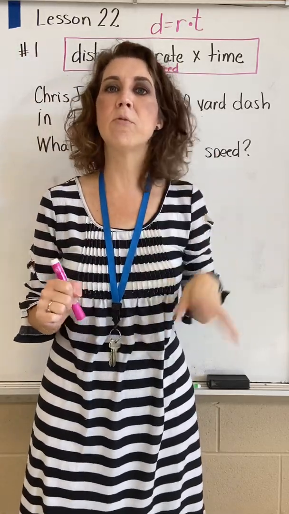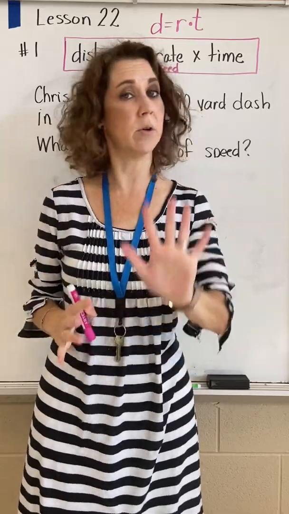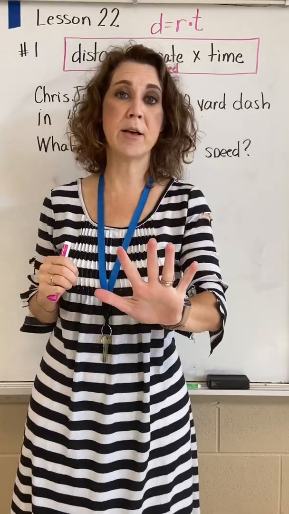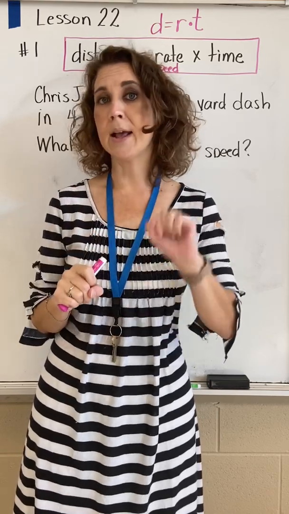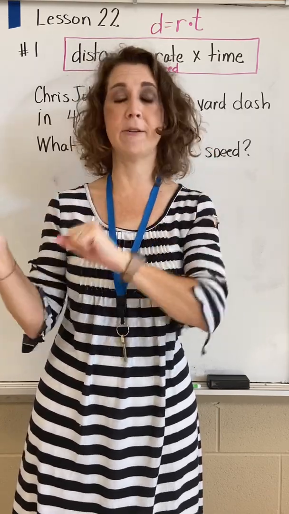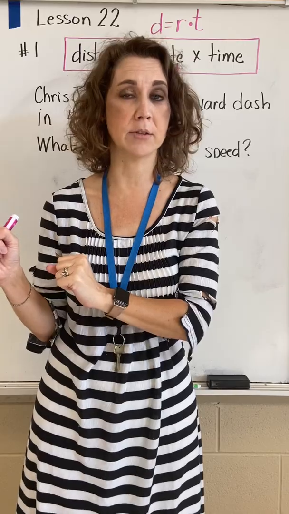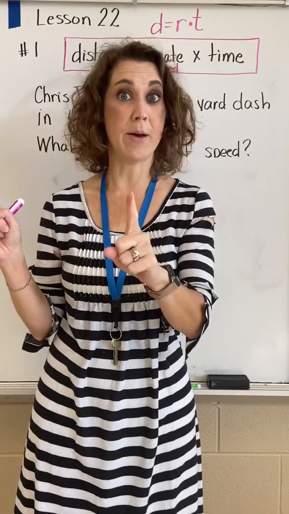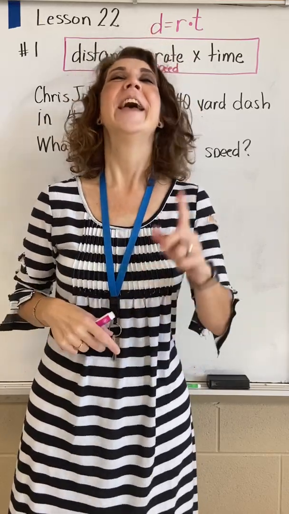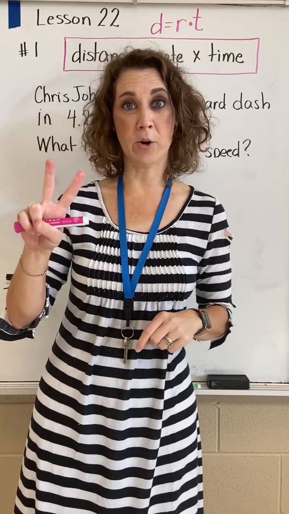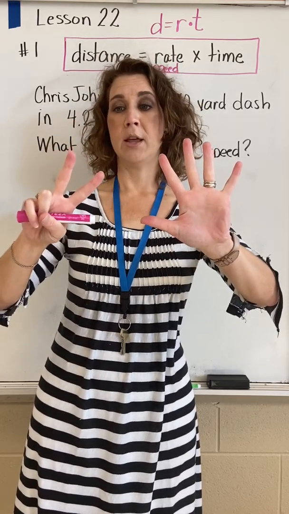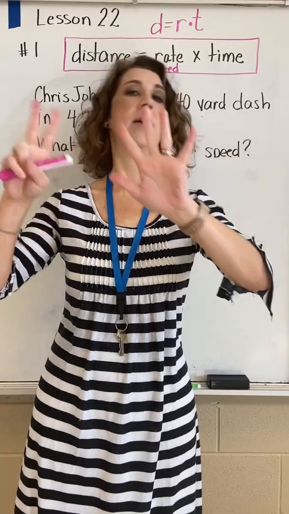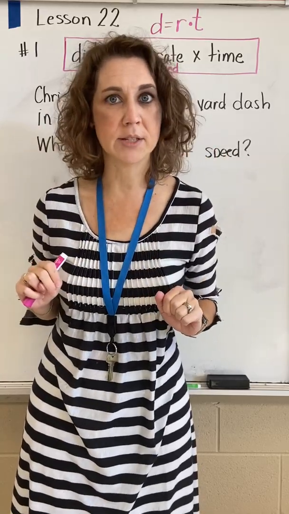If I ran 5 miles an hour, so I'm a slow runner, and I ran for 1 hour, then I could multiply 5 times 1 and get 5, and I would run a total of 5 miles. If I ran for 2 hours at 5 miles an hour, if you multiply 5 times 2, I would run a total of 10 miles.